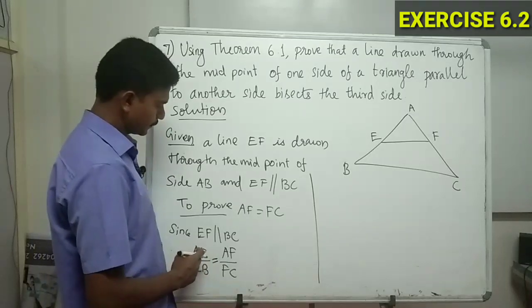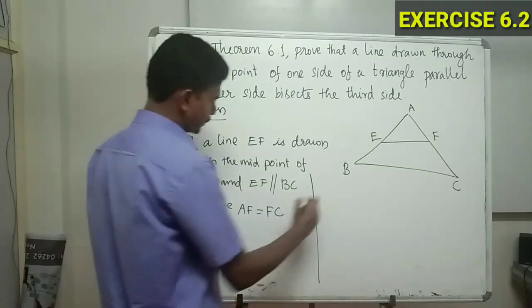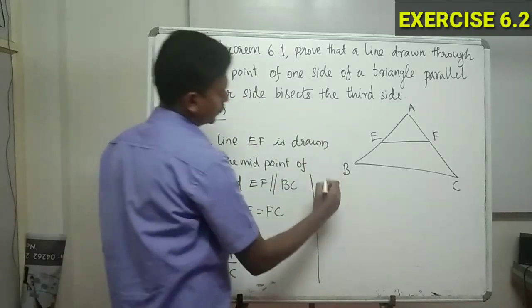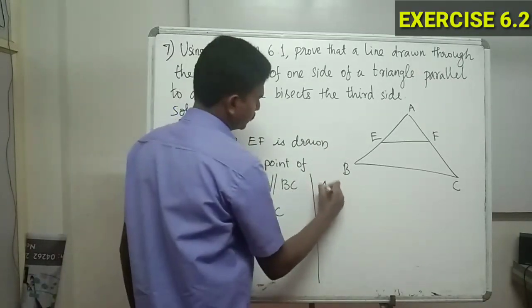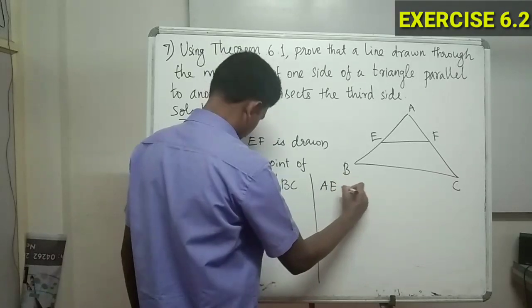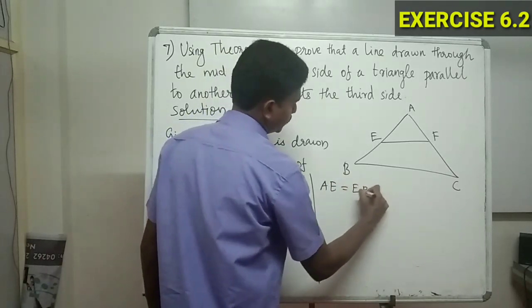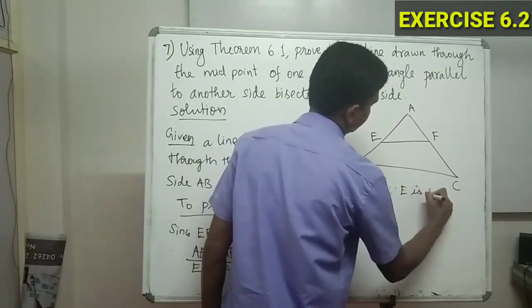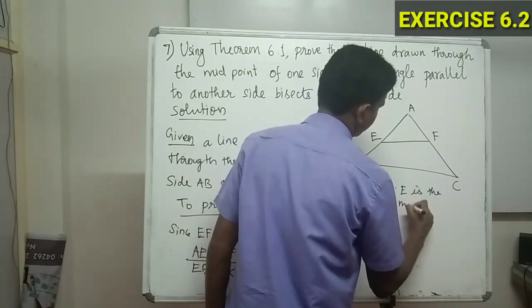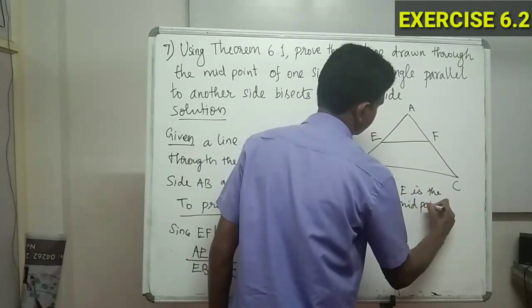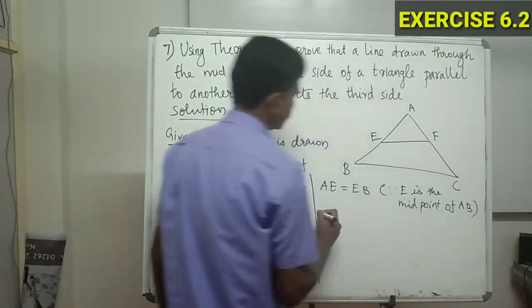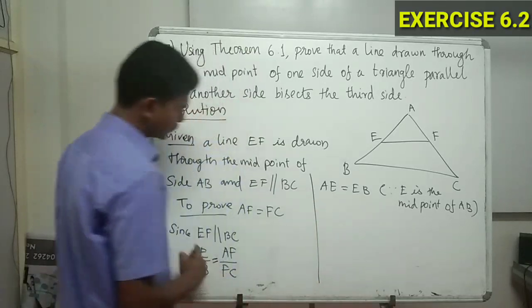Since it is given in the question that E is the midpoint, we can say AE is equal to EB, since E is the midpoint of AB. So these two are equal.